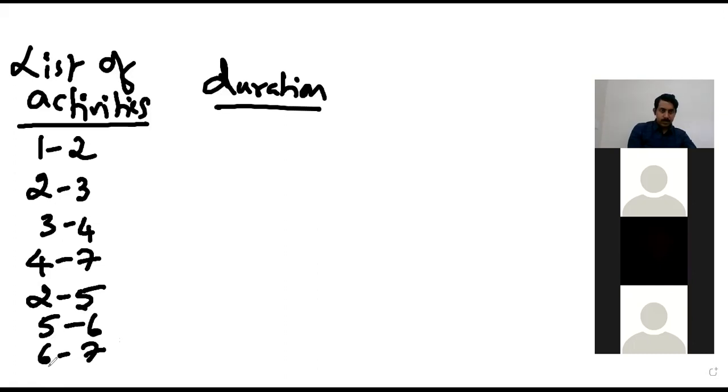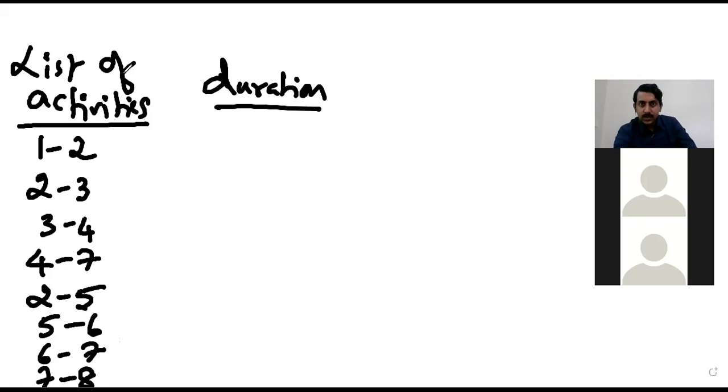That's it. 7-8. These are the different list of activities which we have considered in yesterday's class.